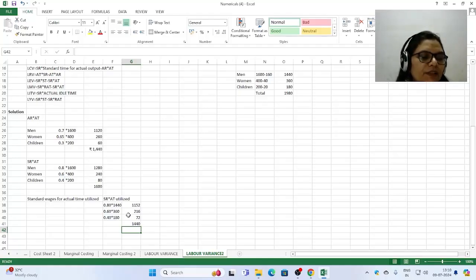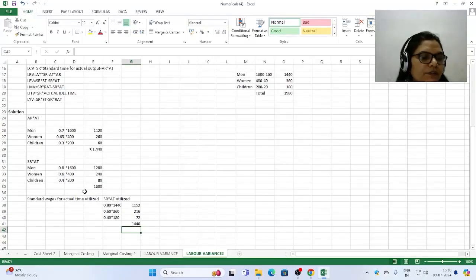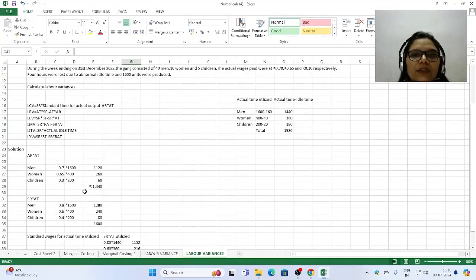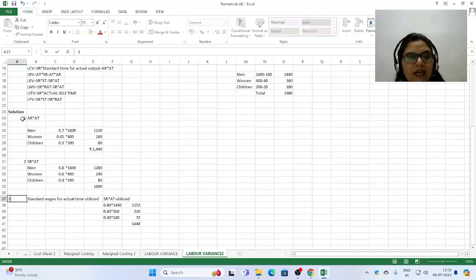Now next calculation: we have done this calculation, actual time utilized. AR into AT, we will number it as 1. SR into AT, we will number it as 3. And next is 4.